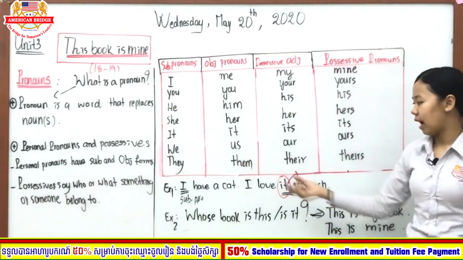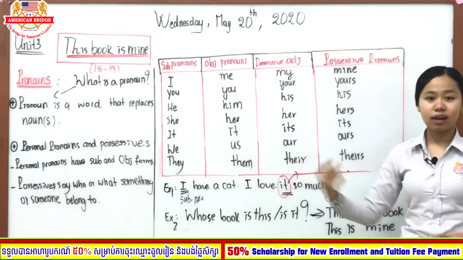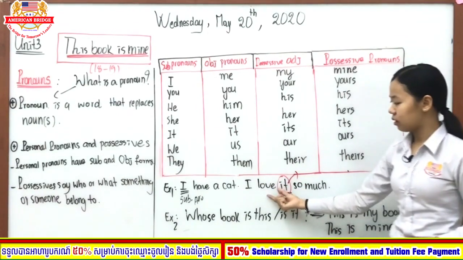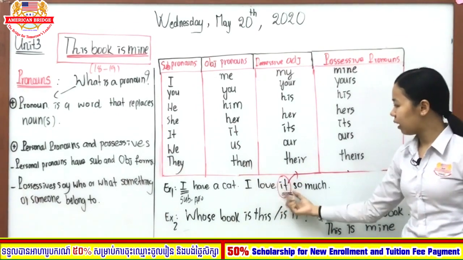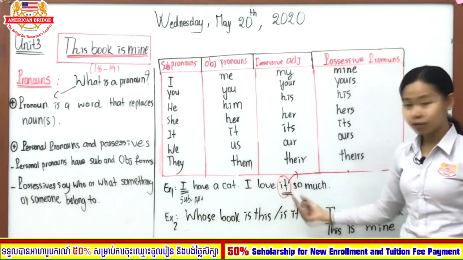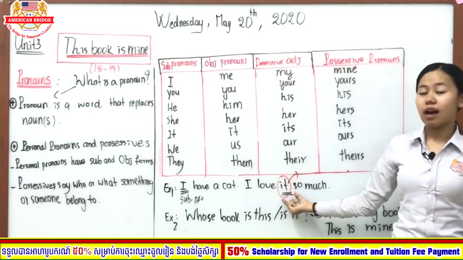Like I look at her, I love her so much, for example. In I love her, her is the object pronoun, because it comes after the verb. I love him, I love them, I love it, I love you. So it functions as an object in the sentence.